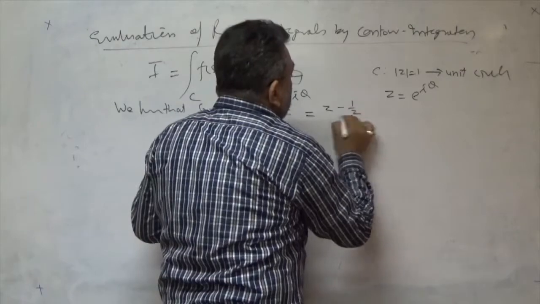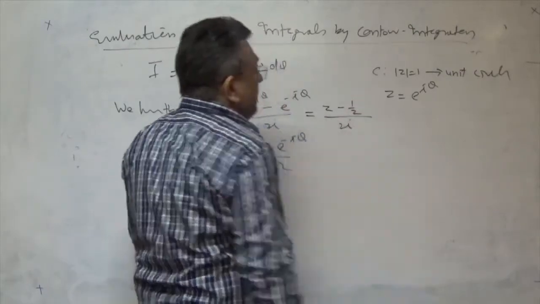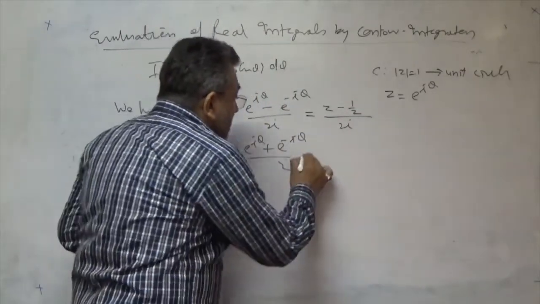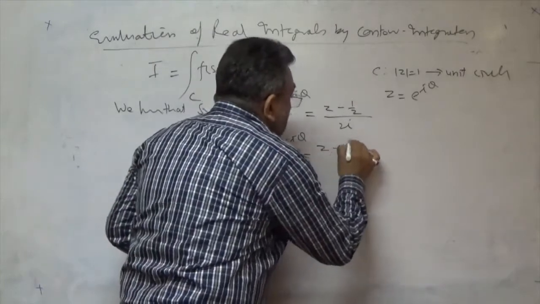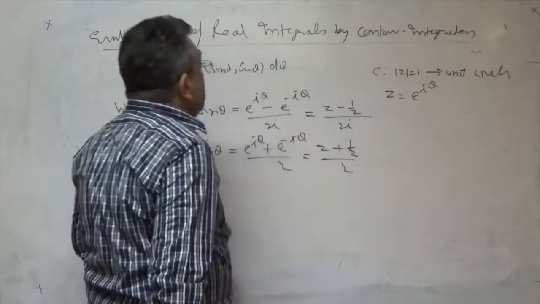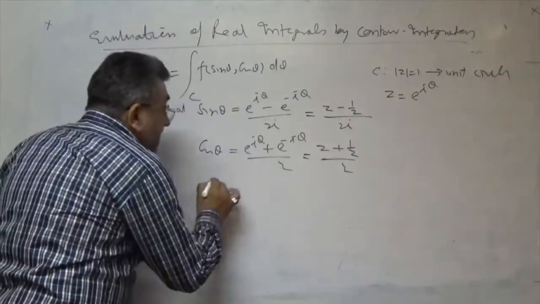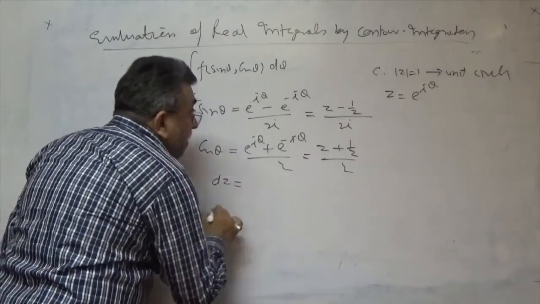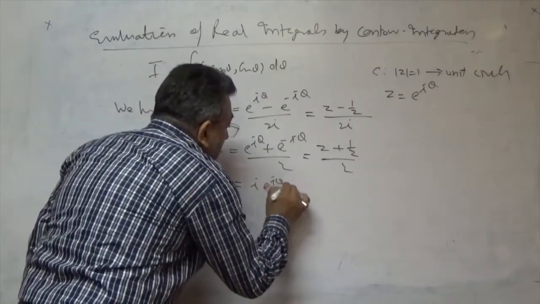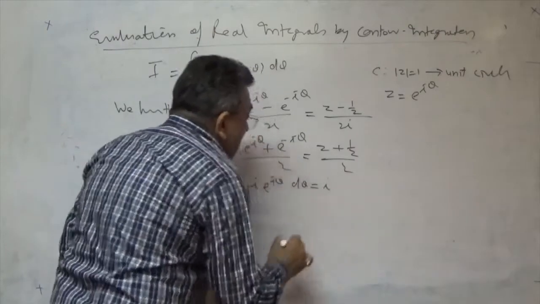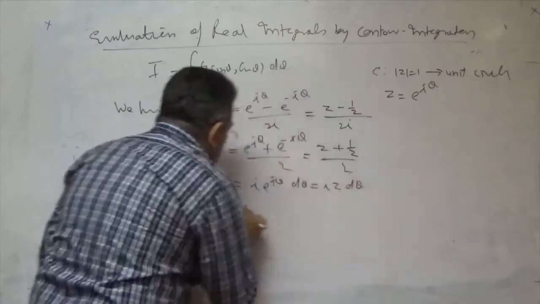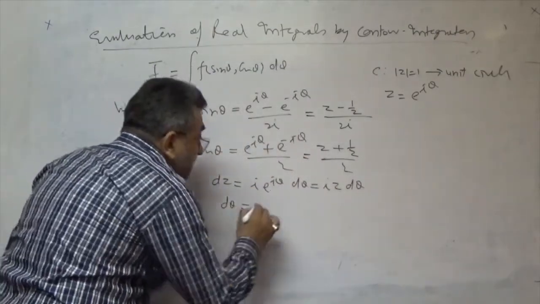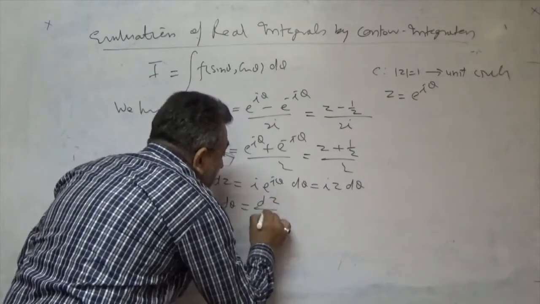This is 1 by z, this is 2i. This is again z plus 1 by z, this is 2. And from here dz equal to I e to the power I theta d theta, that is I z d theta. So from here d theta will be transformed into dz upon iz.